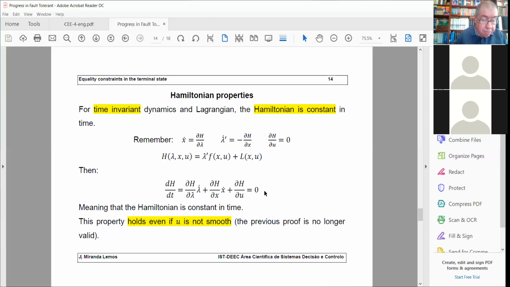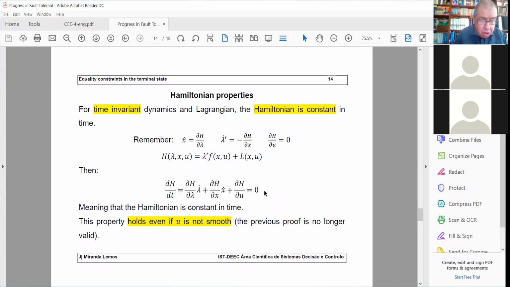Now, we have proved this for situations in which u is differentiable with respect to time. But it happens that this property is also true when you have a piecewise constant u. So if you have a bang-bang controller, then H will also be constant.